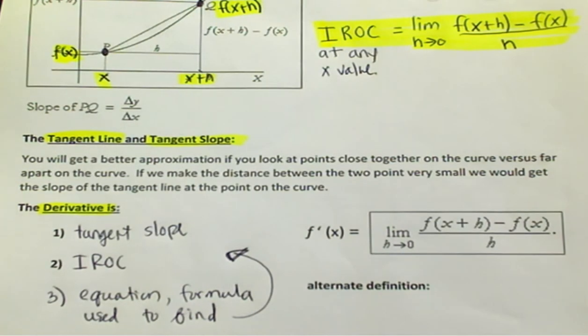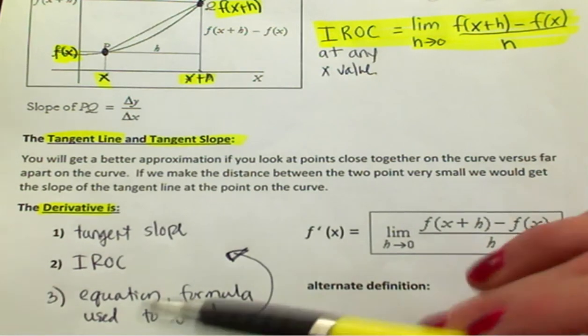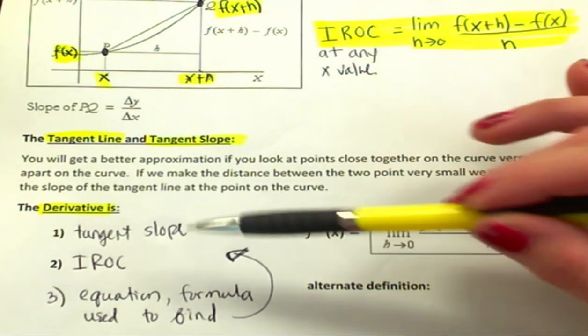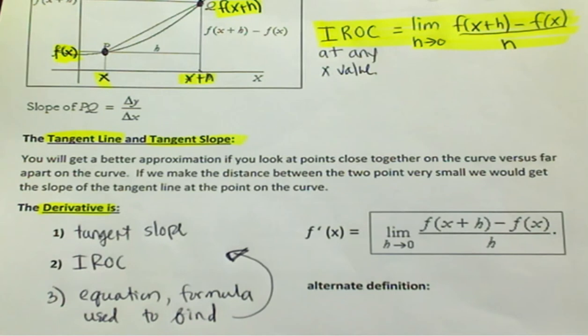The derivative is a formula used to find the tangent slope or instantaneous rate of change. Notice all of our answers were numbers. That was the slope at a particular point. The derivative is an equation or a formula used to find that number.